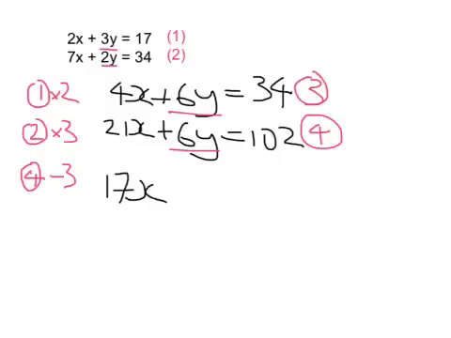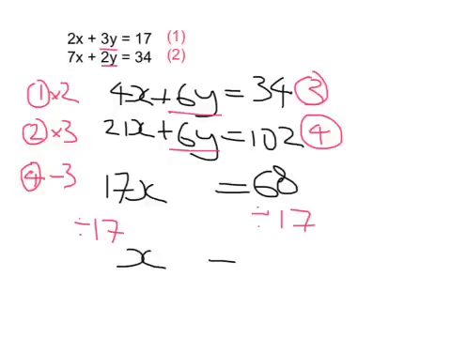The y's cancel out, and 102 minus 34 is 68, so 17x is 68. And then we'll divide both sides by 17, and as if by magic we get x equals 4.